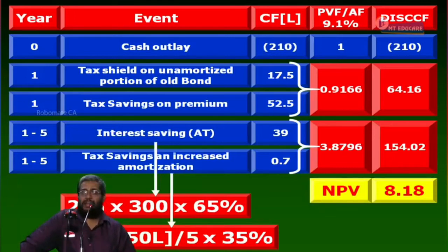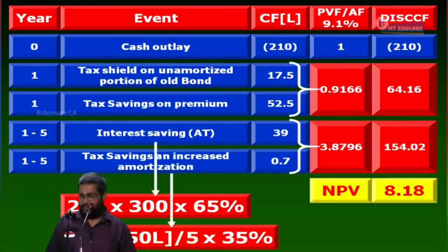Computation: how much money remains unamortized? 50 lakhs. At what percent do I save tax? 35%. 50 lakhs into 35%. Tell me what is the number? 17.5 lakhs. Amount 17.5 lakhs.